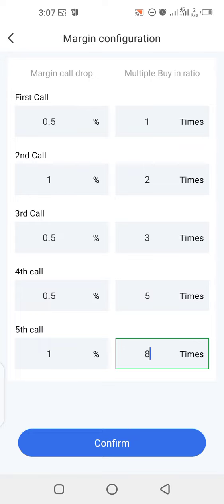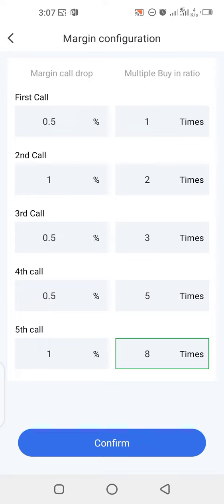Then 15 times 5 is 75, plus 90, it is 165. Then 15 times 8 is 120. 120 plus 165 is $285. This that you see here is $285 if I use that method.